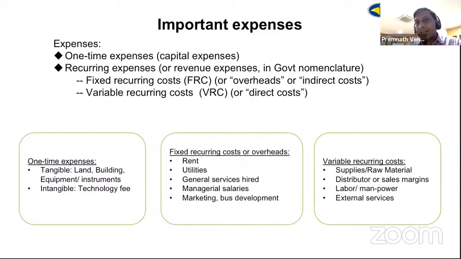And in recurring, there's one category which is fixed recurring, and the second which is variable recurring. The fixed recurring is what, depending on whether your volume of work keeps going up and down, it doesn't matter. It'll still be a cost. Whereas a variable recurring is something which will vary as your volume of work changes. This kind of classification is quite important and useful for many reasons.